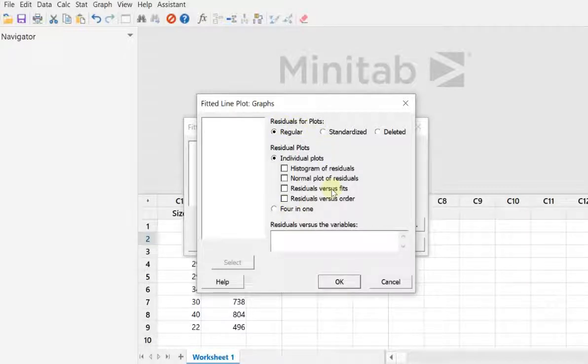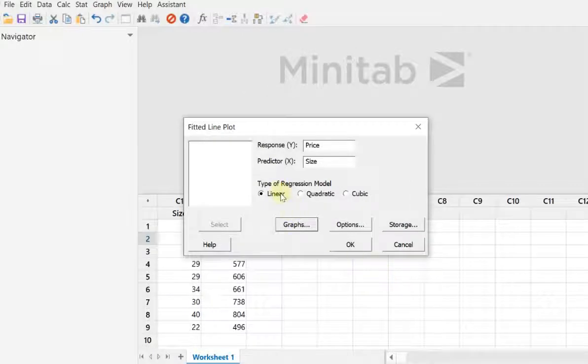A lot of these residual plots that you see here, these graphs test the assumptions of regression analysis. So don't worry about those, because again, as I mentioned, regression analysis is so vast, so deep, that we could spend months just on regression.